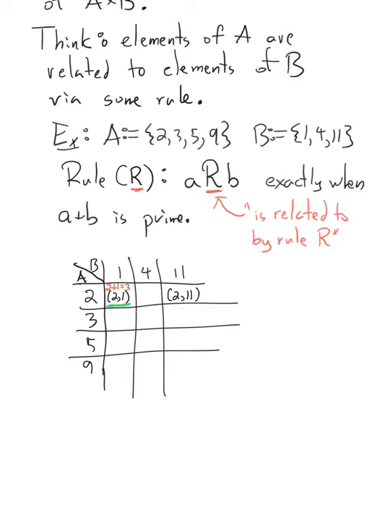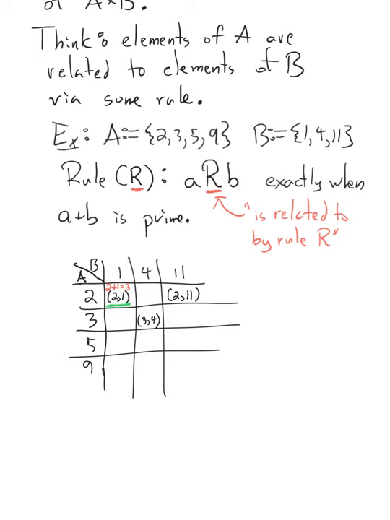Okay, let's check with 3. 3 plus 1 is 4, which is not prime. 3 plus 4 is 7, so 3, 4 is in our relation since 7 is prime. 3 plus 11 is 14, which is not prime, so it's not in our relation.